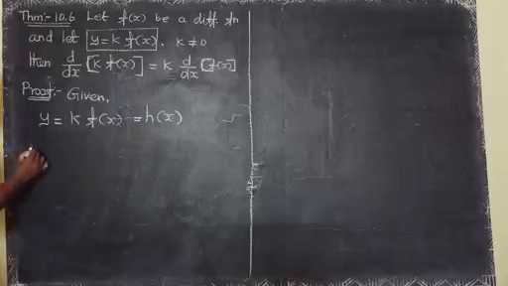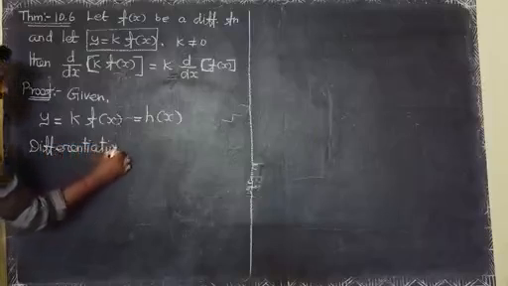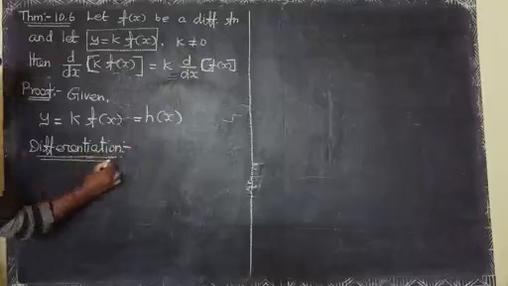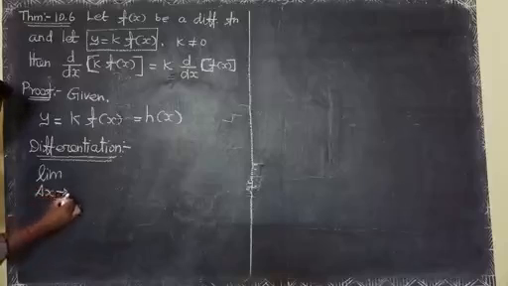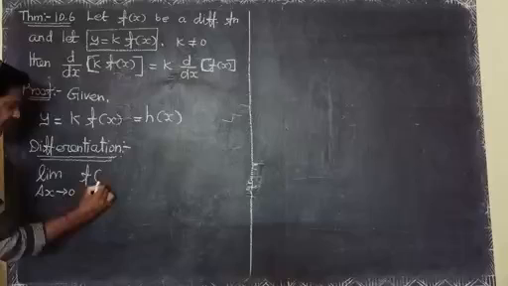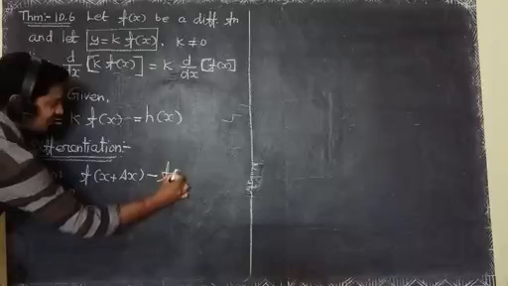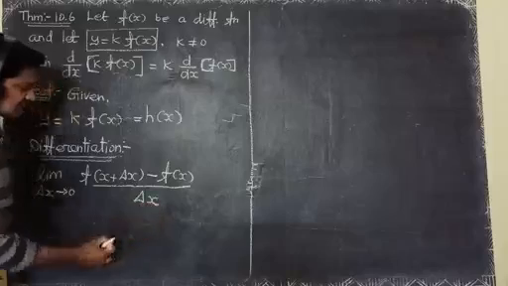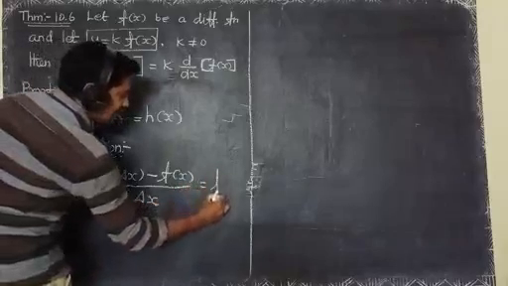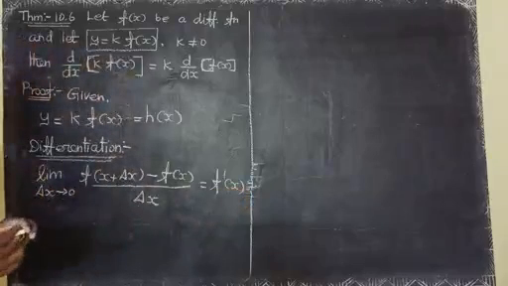Differentiation means the limit as del x approaches 0 of f of x plus del x minus f of x, divided by del x, which is equal to f dash of x. This is called the differentiation.